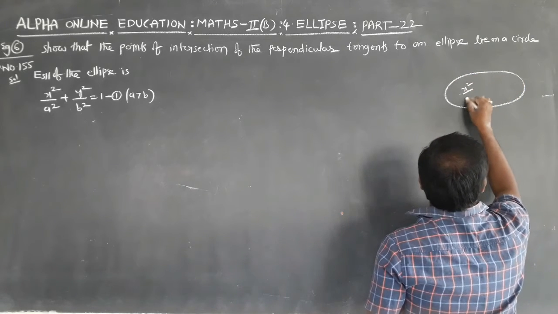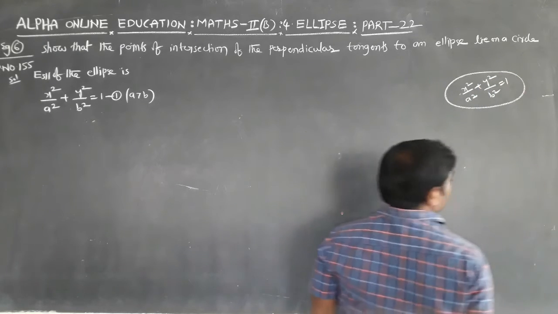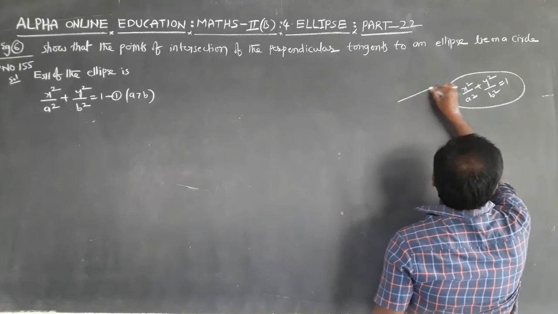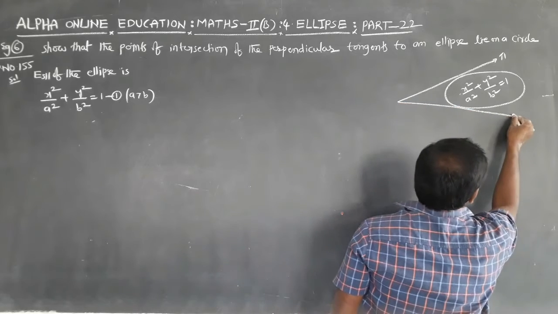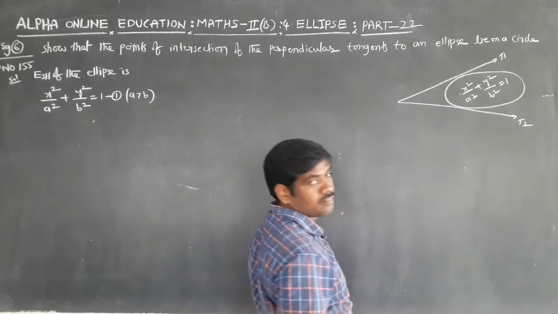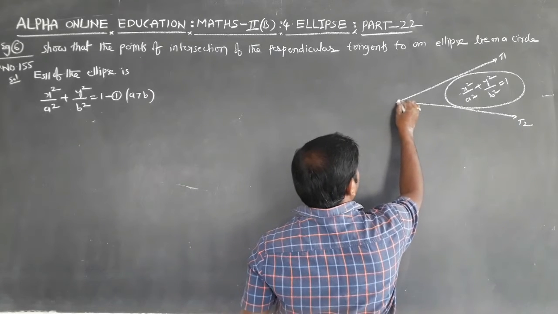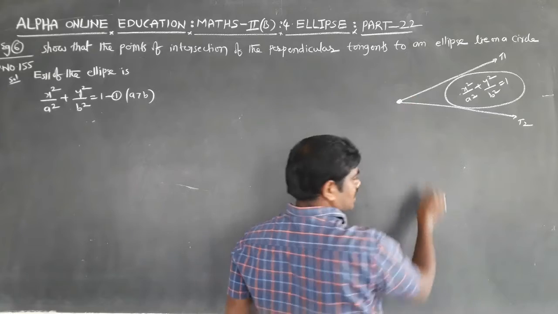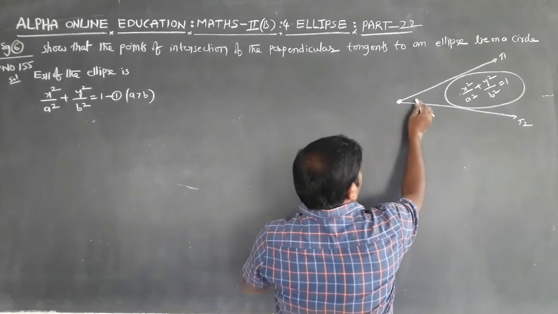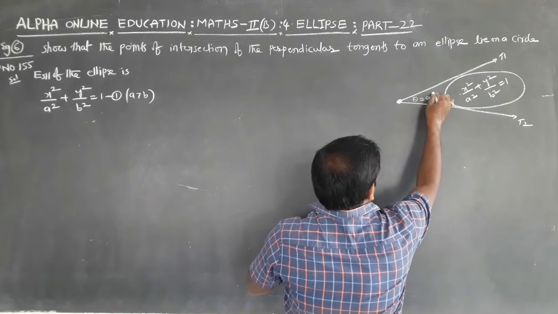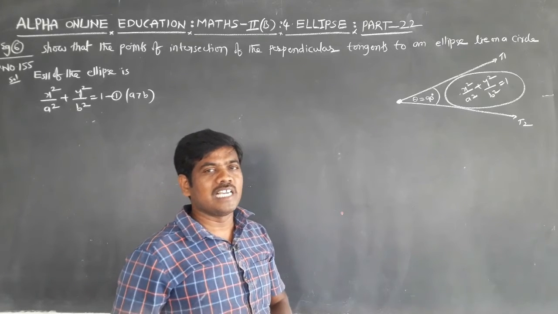This is the first equation of the tangent, this is the second equation of the tangent to the ellipse, and this is the point of intersection of the perpendicular tangents. Perpendicular tangent means the angle between the two lines is 90 degrees.